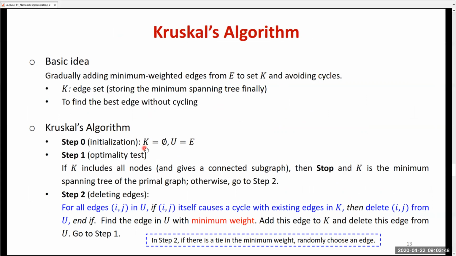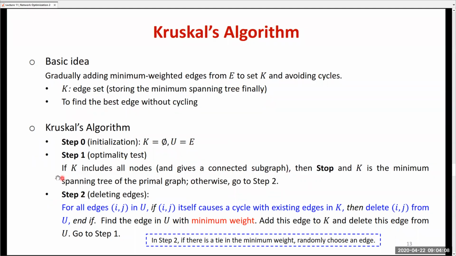In the initialization, I set K, which means selected edges, to be the empty set, and I set U equal to E, the total edge set. Step number one is the optimality test: if K already includes all nodes and gives a connected subgraph.